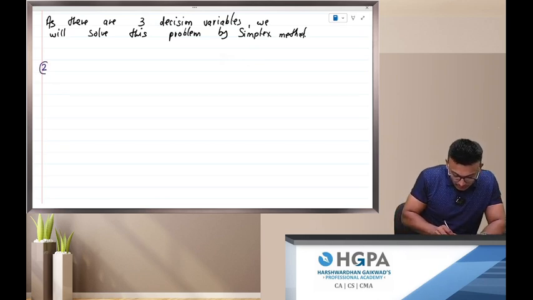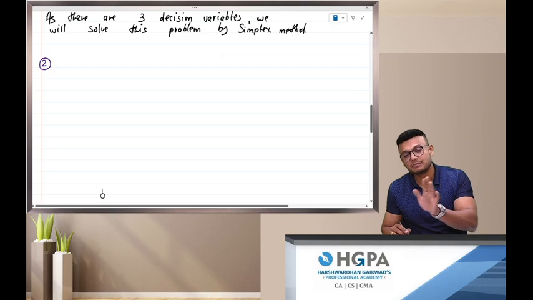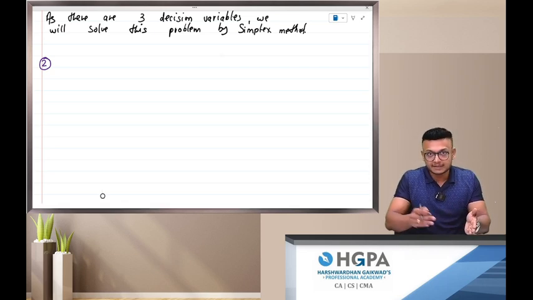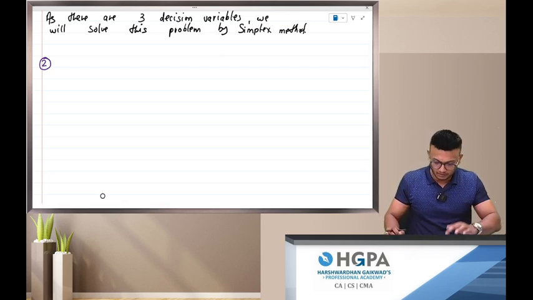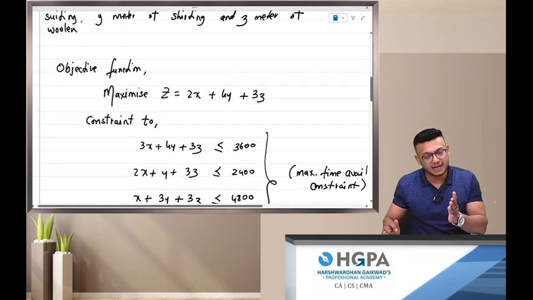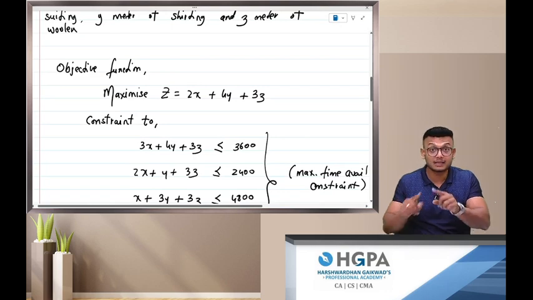So now we will proceed towards the simplex method. Now understand this very carefully. First, we need to formulate under the simplex method. We've already formulated; that was under the normal method. Now we need to bring it under simplex. And next, the most important part, that is the simplex table.